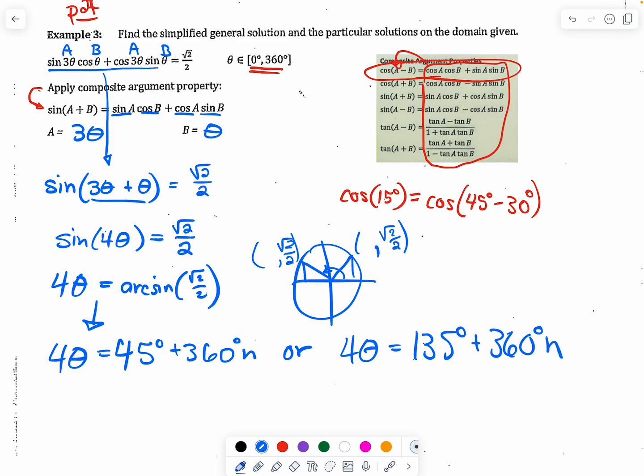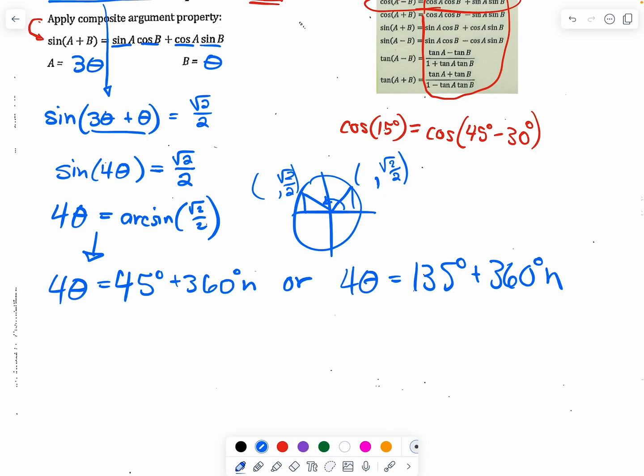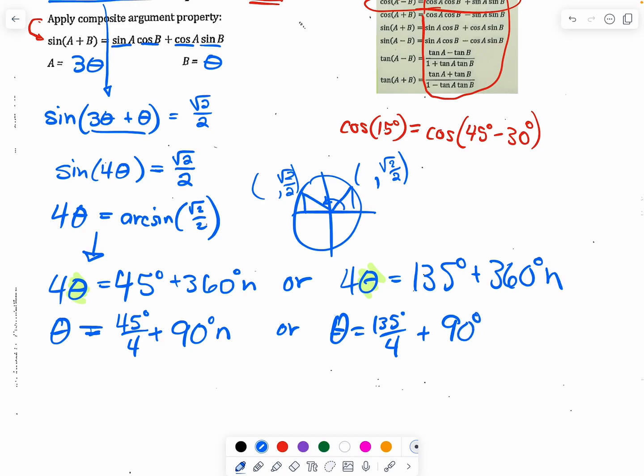Now it should be kind of automatic; we've done a lot of this. We isolate the variable, in this case theta. So theta equals 45 fourths plus, 4 goes into 360, 90 degrees, or theta equals 135 over 4 plus 90 degree n.